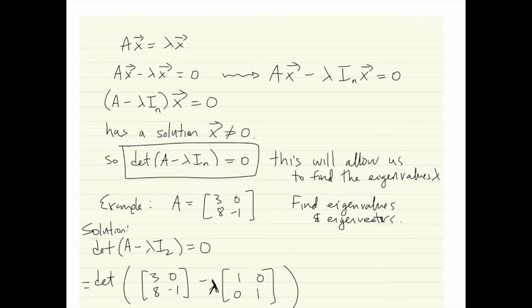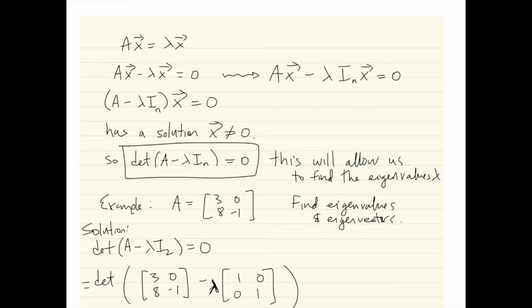Now let's go back to the general case and see how to go about finding these eigenvectors and eigenvalues. So the general condition for an eigenvector x is that it satisfies A times x equals some scalar lambda times x. Let's subtract off lambda x from both sides, and so we get this.